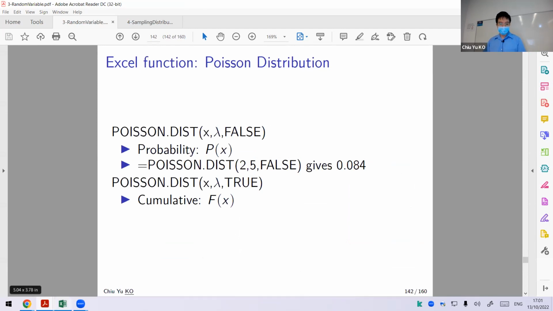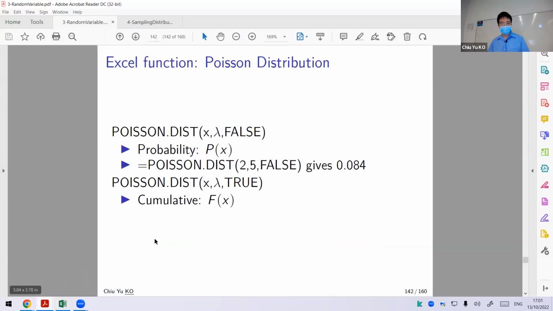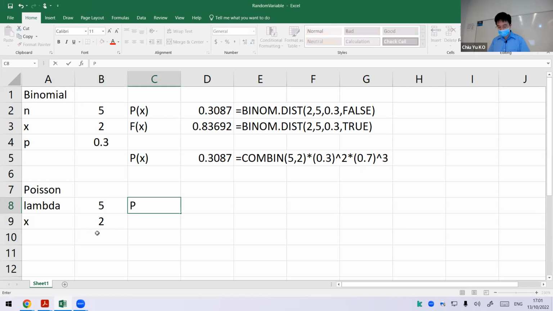So I want to talk about this Poisson. Poisson only has one parameter, which is lambda. So here we have lambda 5 and X 2 again. That makes us try to calculate P of X and F of X again.